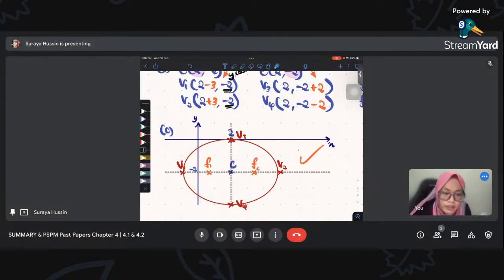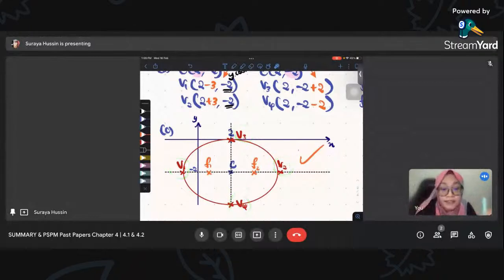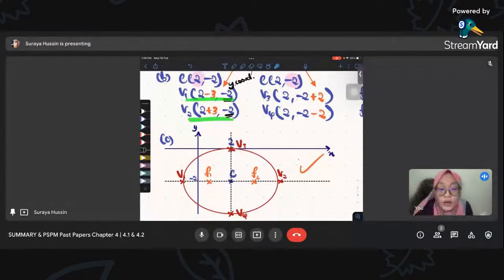F1 bukan sepatutnya sebelah kanan ke Miss? Oh, okay, good question Nadia. Very good question. Tak kisah sebenarnya F1, F2 ni dekat mana-mana pun. You boleh letak F2 dekat sini, F1 dekat sini. It's actually up to you guys. Yang penting apa yang you tulis, apa jawapan you, it's according to your own graph.